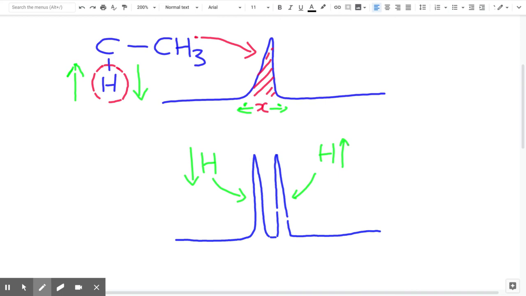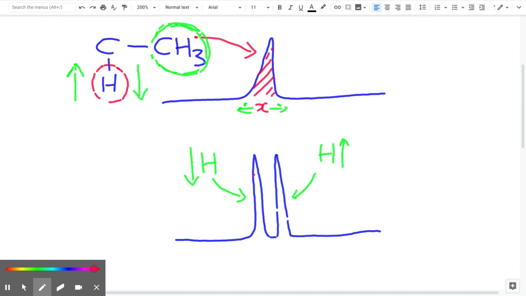So remember, we are looking at the CH3 peak here. However, the shape of the peak is due to splitting of the peak due to protons on the adjacent carbon. We get this doublet because of one going down and one going up.